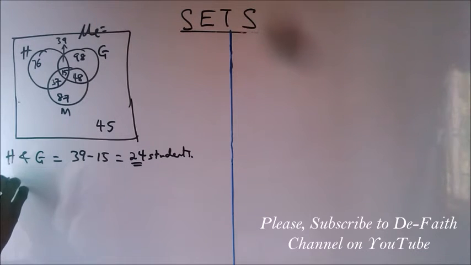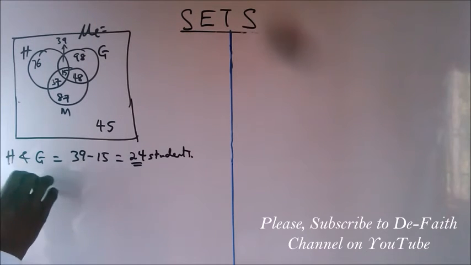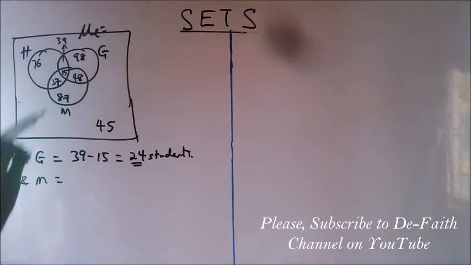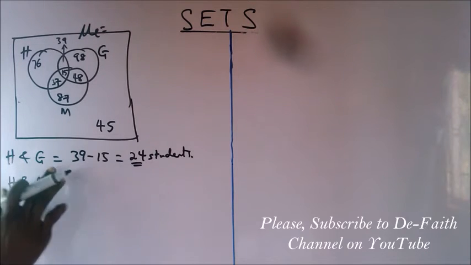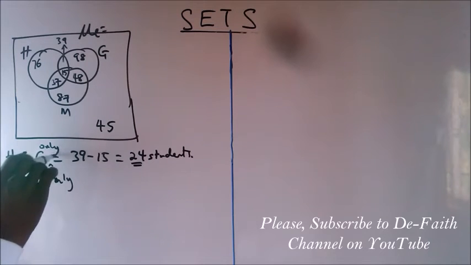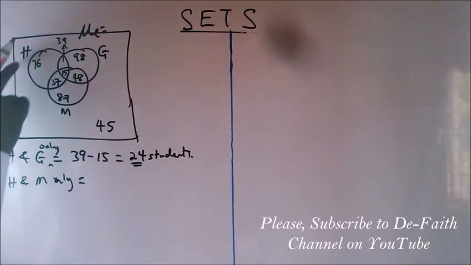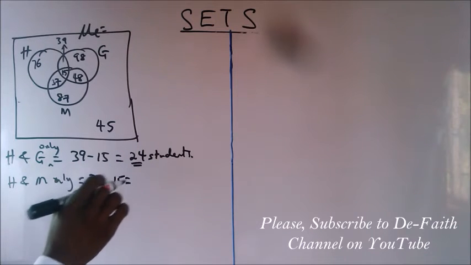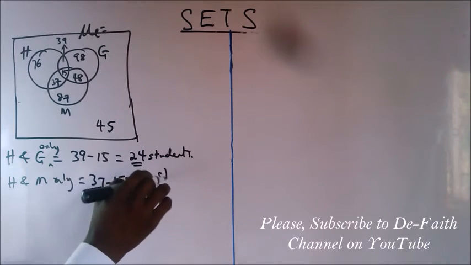To know those that love history and mathematics, the 37 given here is for those that love history and mathematics, out of which there may be some that also love geography. So to get this only, we'll have 37 minus 15, and that leaves us with 22 students.